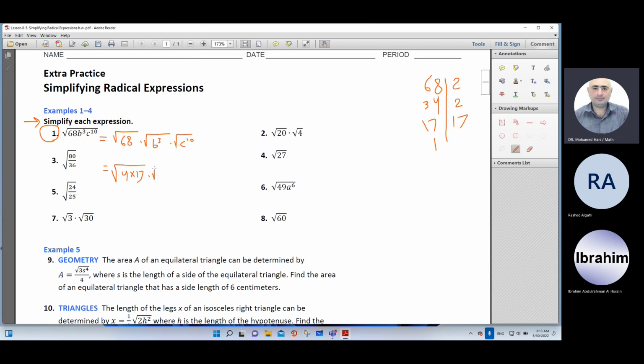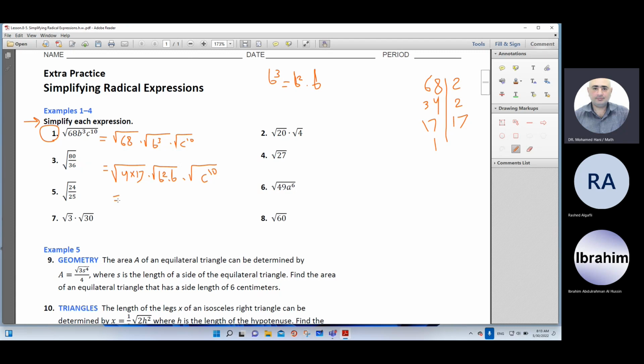Then b cubed means b squared times b. So we can write b cubed as b squared times b. Then keep c to the power 10.